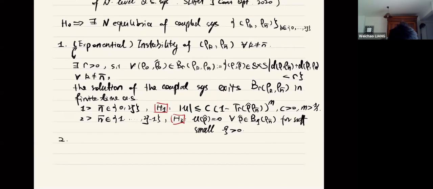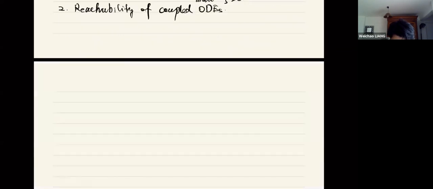And the second step is the reachability of the corresponding coupled ordinary differential equations. For this part, we also separate two cases.